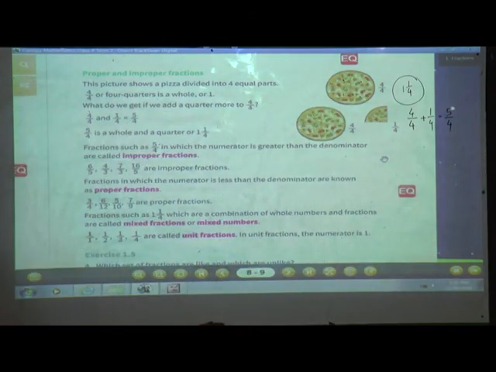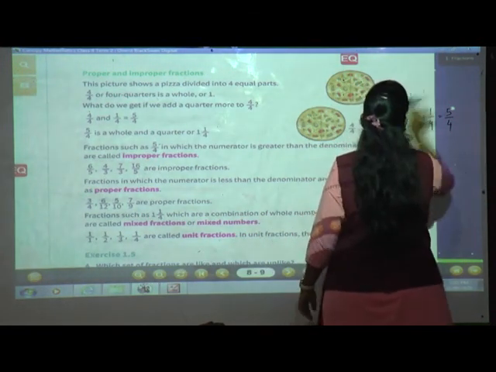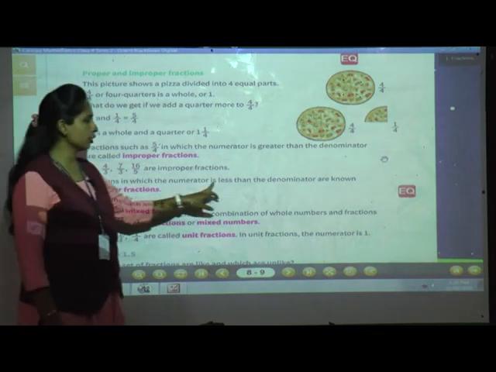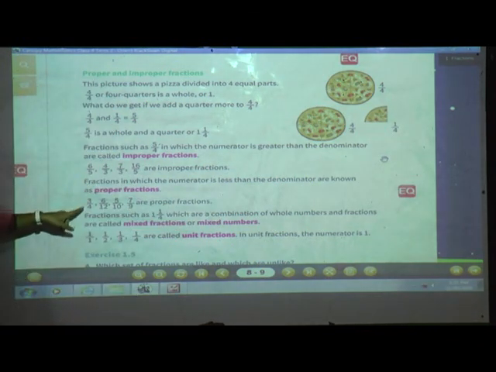See what they are saying? What are proper fractions? Fractions in which the numerator is less than the denominator. Clear till here? Yes. Now what about next?